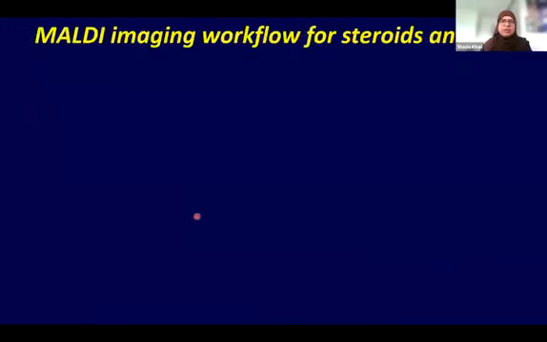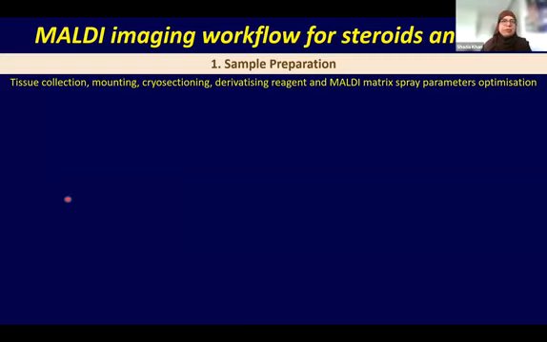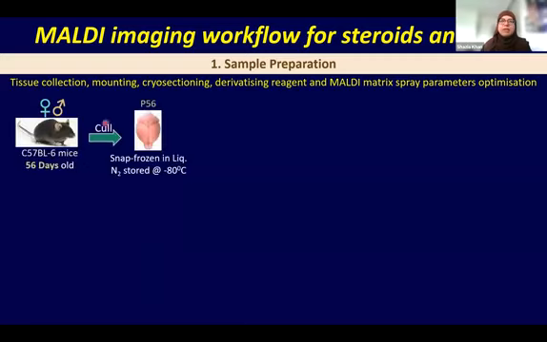So let me briefly walk you through the workflow. We collected male and female P56 mouse brains, snap frozen in liquid nitrogen for all mass spectrometry imaging work.